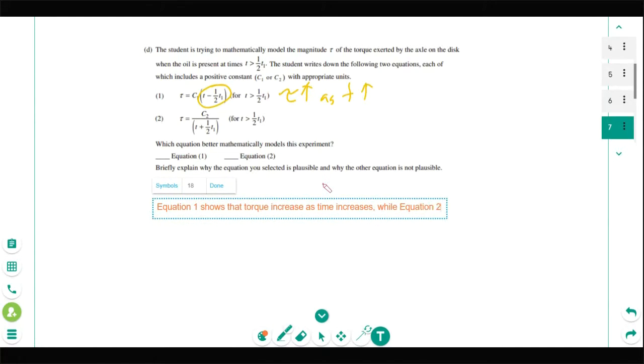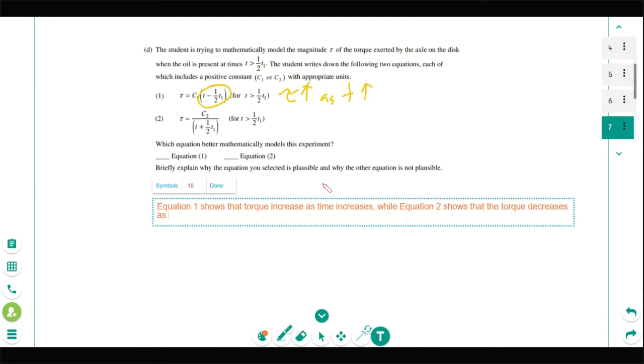Equation 2, that says the opposite. Okay, which one of those two, now that we kind of reworded what's going on, should the torque go up the longer we wait, or should the torque go down the longer we wait?